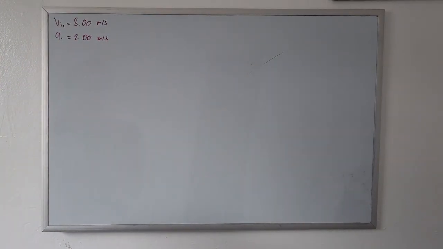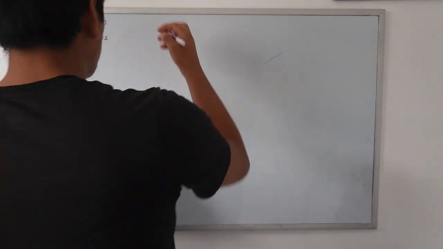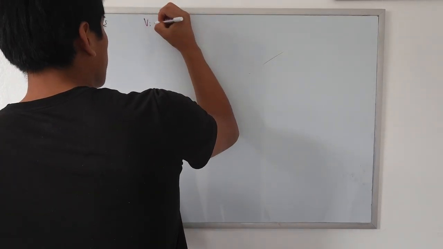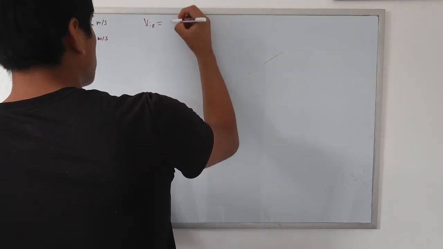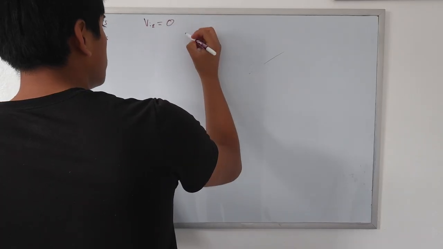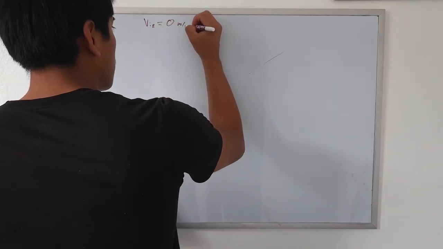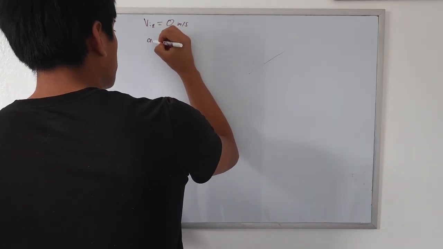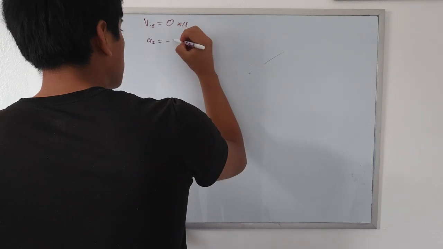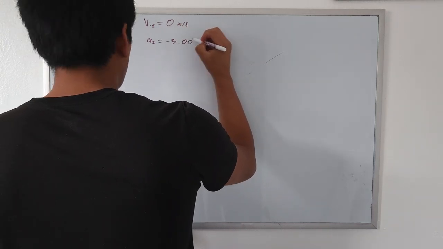And then object number 2 is initially at rest and undergoes a constant acceleration of negative 3 meters per second squared in the i-hat direction. So object number 2's initial velocity is going to be 0, and its acceleration is going to be negative 3.